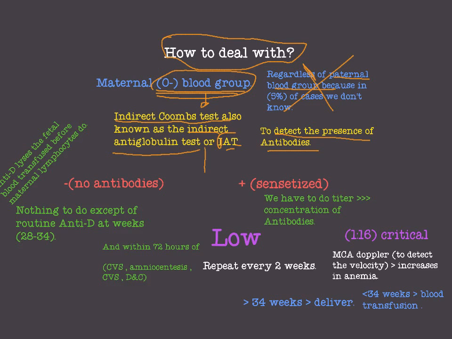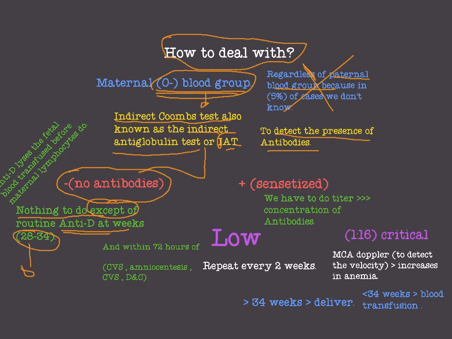If the answer is no, she doesn't have antibodies, she is not sensitized to the fetal blood, then we have to do nothing except routine anti-D administration at weeks 28 to 34.